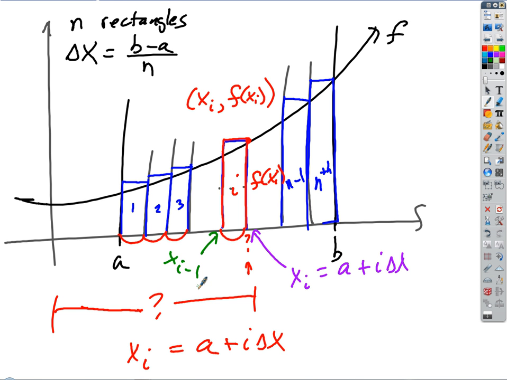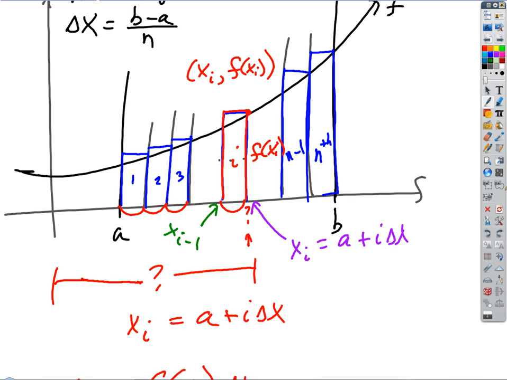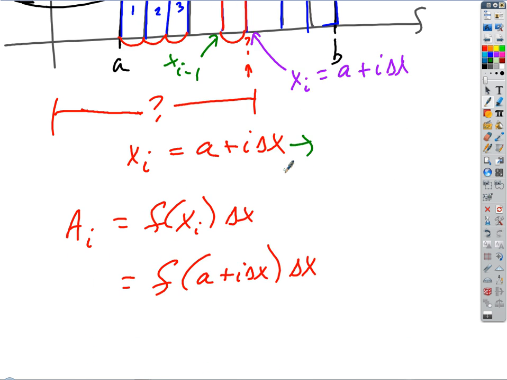And the only difference is, to get to that point, we're starting off at a, and we're going to take i minus 1 steps to the right. Agreed? So all we would have to do is make a trade from x sub i equals a plus i delta x to x sub i minus 1 equals a plus the quantity i minus 1 delta x.